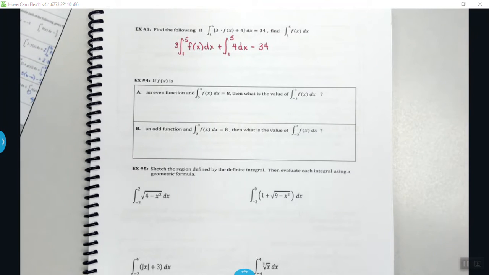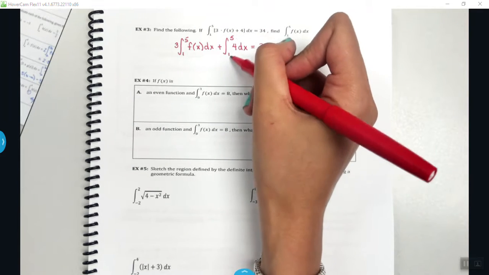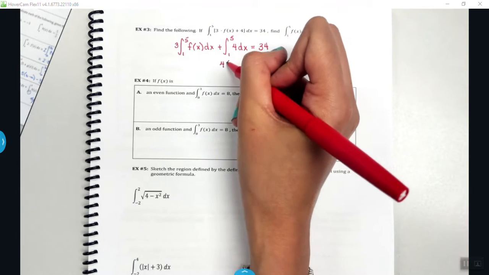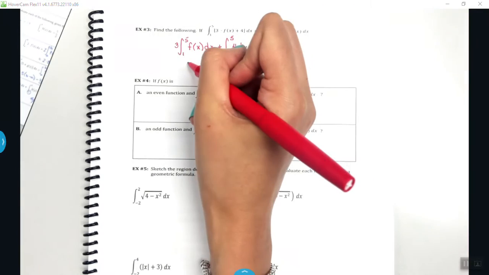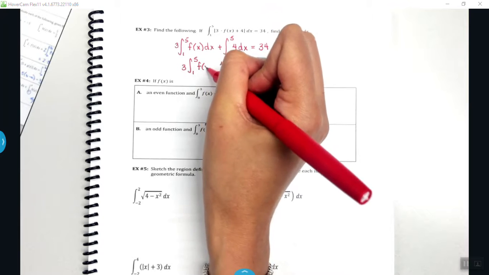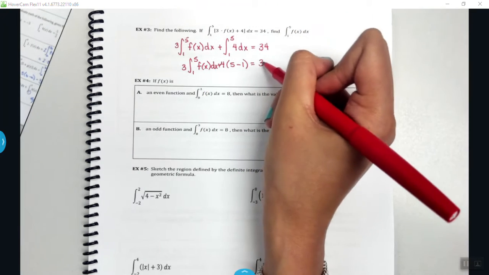Okay, what can I solve? Can I solve any of it? Yes. What part? The integral from 1 to 5 of 4, right? Yes. This is equal to 4 times 5 minus 1. So we still have 3 integral from 1 to 5 of f of x dx plus that equals 34.